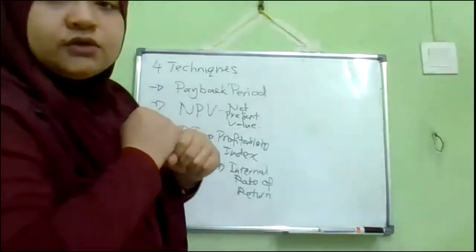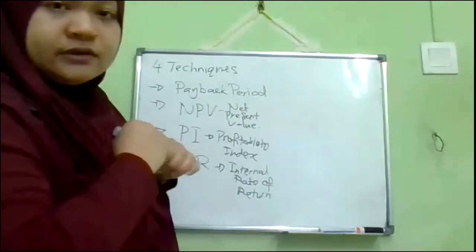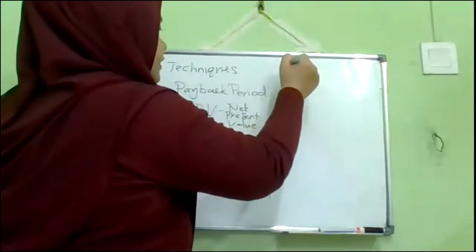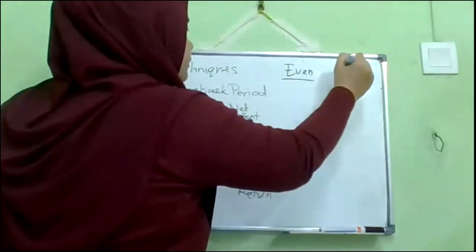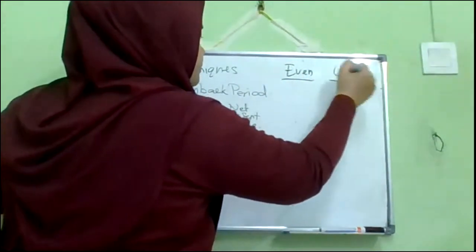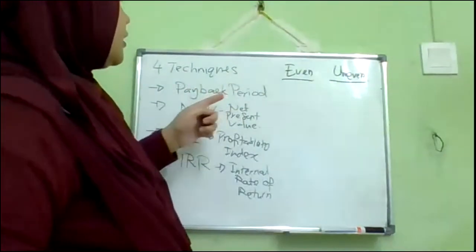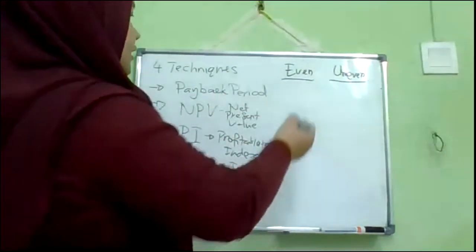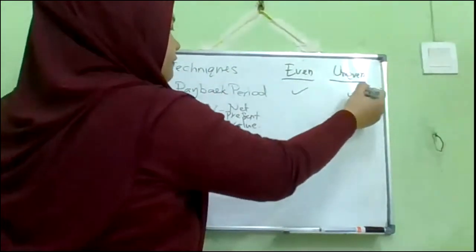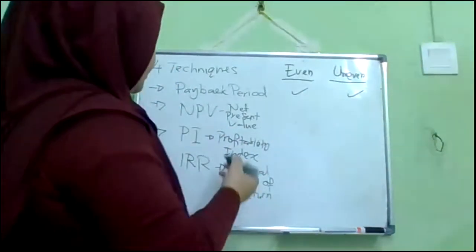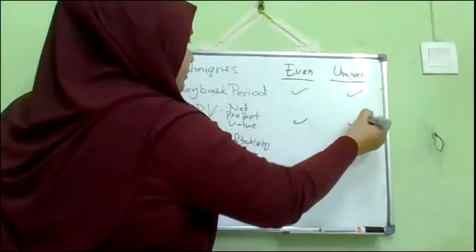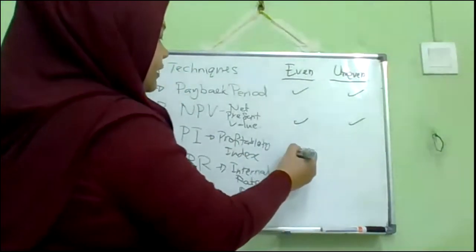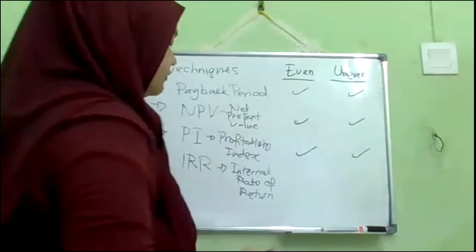Okay, usually you will be given two types of cash flow, even cash flow and also uneven cash flow. For even cash flow, you can calculate the payback period. NPV, you can calculate for both. Profitability index also you can calculate for both.